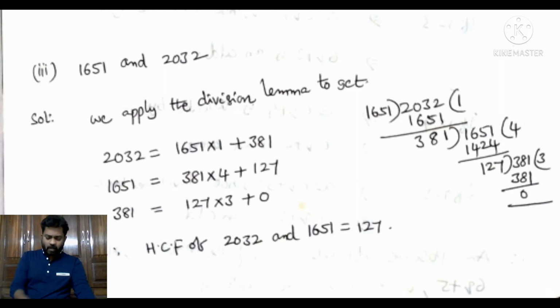Next step, 1651 is written as 381 into 4 plus 127. Again we write 381 as 127 into 3 plus 0. So, HCF of 2032 and 1651 is equal to 127. Let us observe the division. Understand?